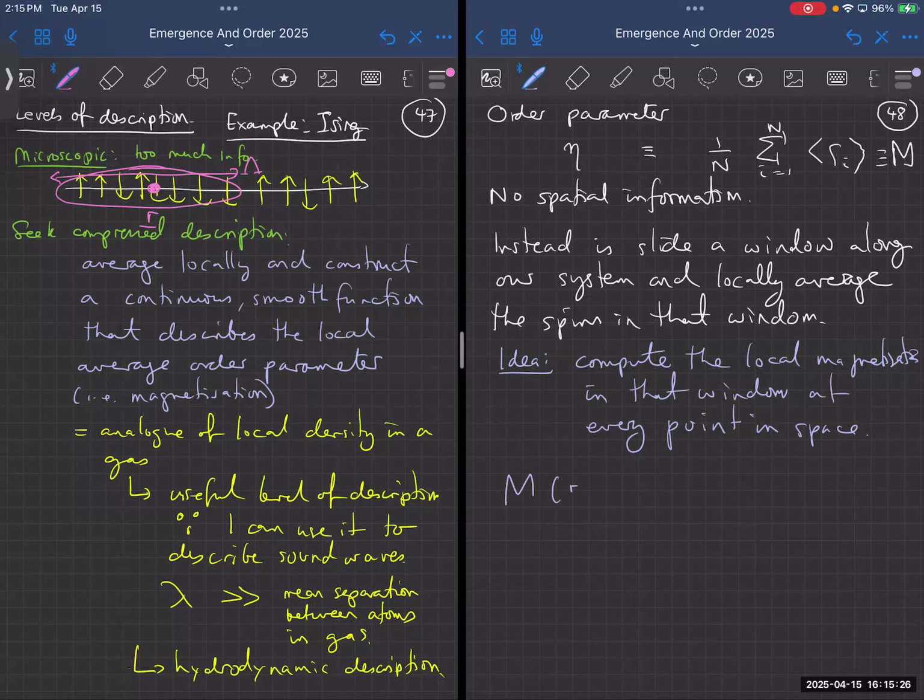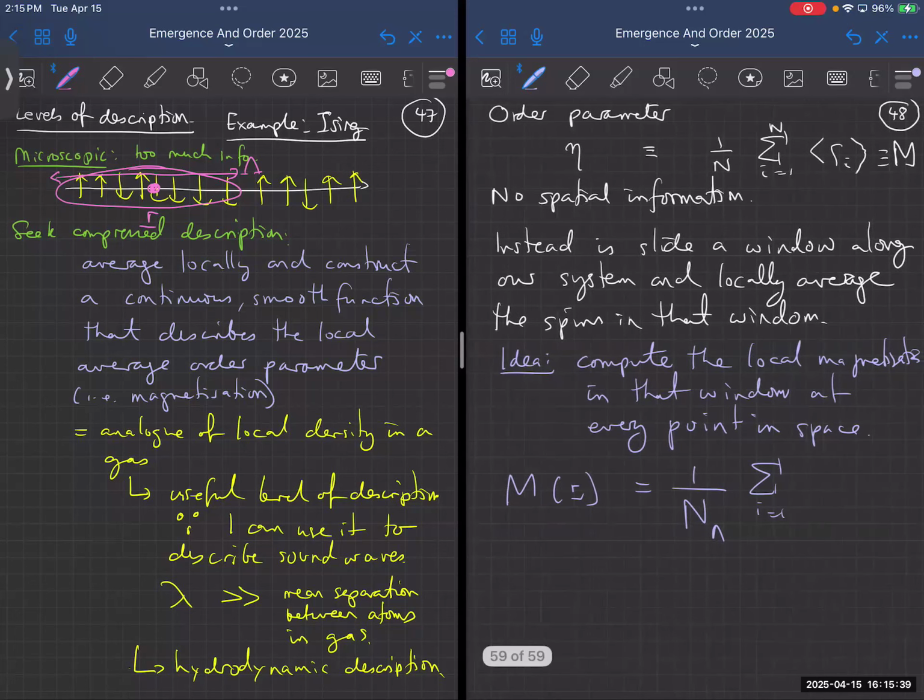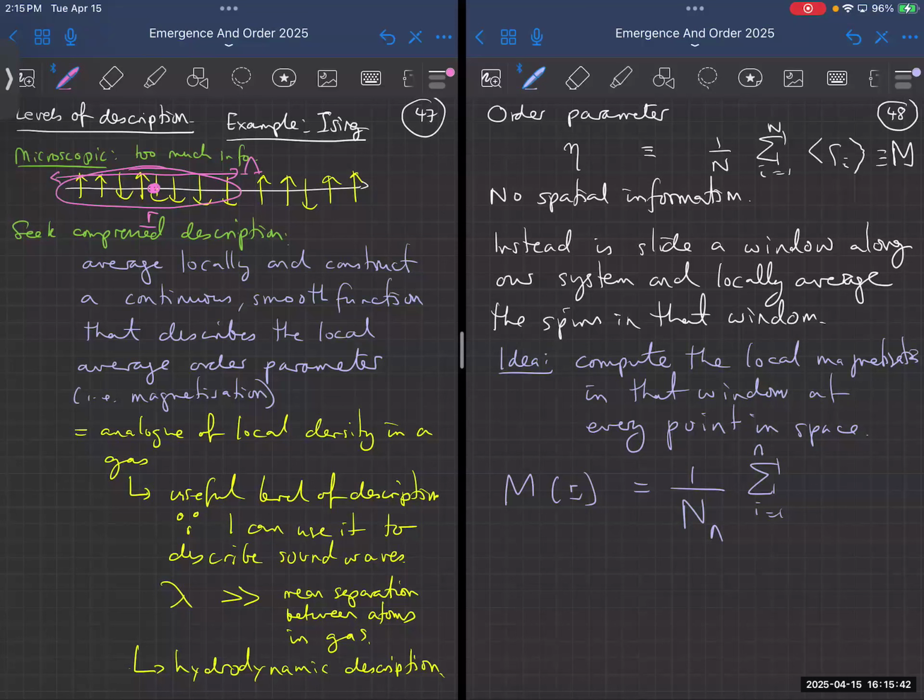It's going to depend on r. And what it is then is 1 over N lambda, the number of spins inside that window, times the sum over i equals 1 to the number inside that window of the s_i, and those s_i live inside the sliding window. I don't know a mathematical notation that's trivial to write it down, so I'll just write it down like this.